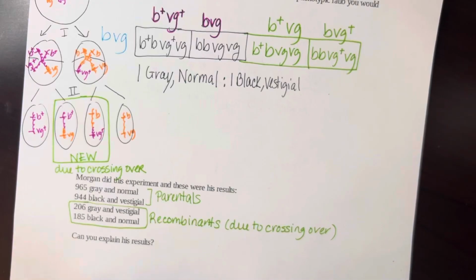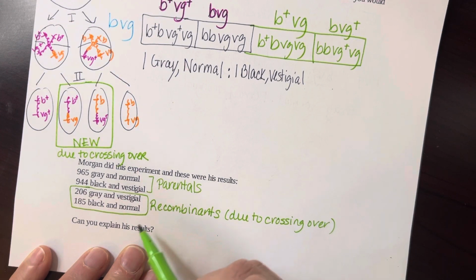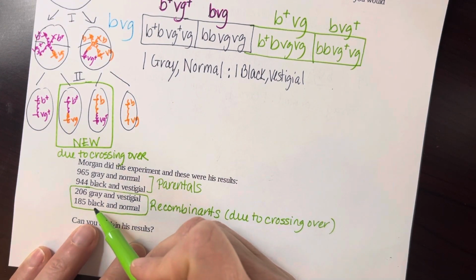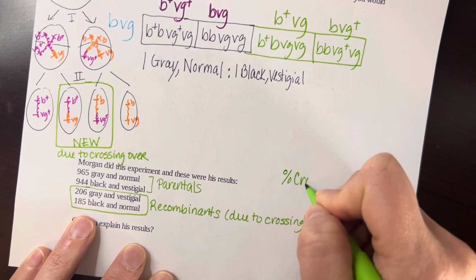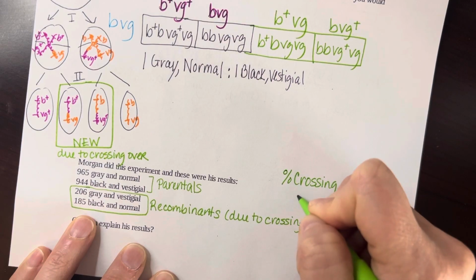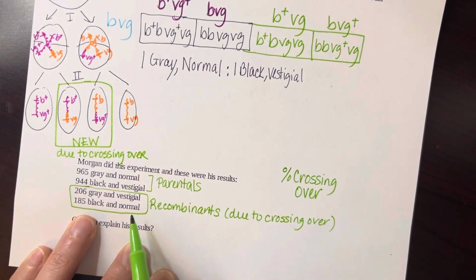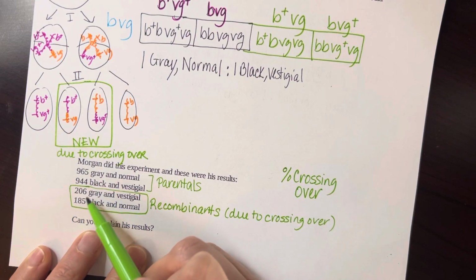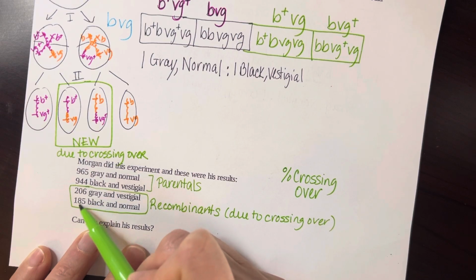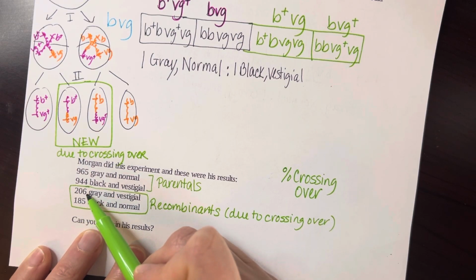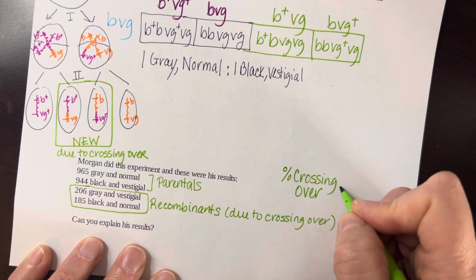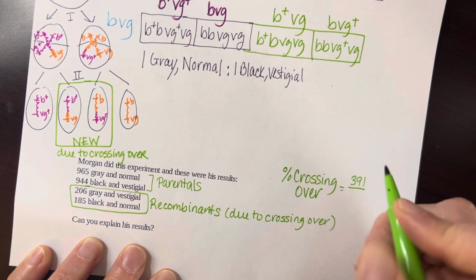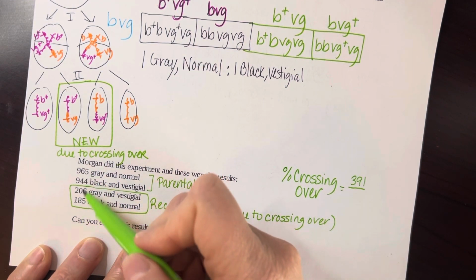And so one step further, when we do experiments like this, we can figure out the percent of crossing over between the genes. So when we look at that, we go, okay, out of all the kids, how many of them are due to crossing over? So you take 206 plus 185, which gives you 391, divided by how many total kids they had.